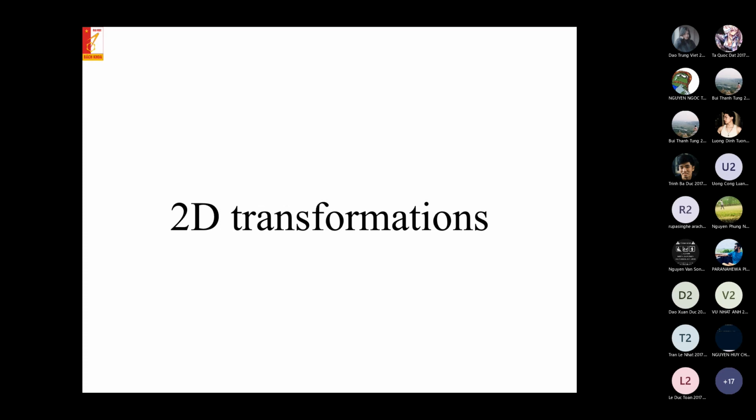We need to find the end effector of the robot. And in order to solve that problem, we need to use the transformation. And we take an overview of the transformation that you have learned in the past with the calculus.